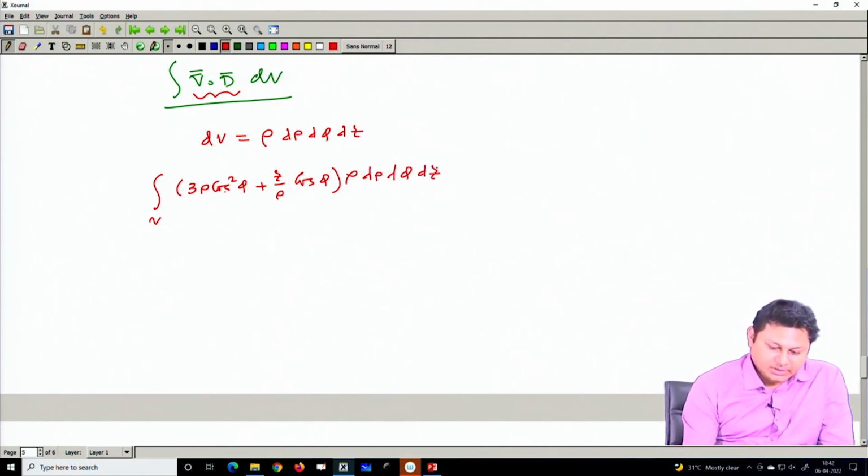Okay. This is the integral, and now this integral I need to calculate.